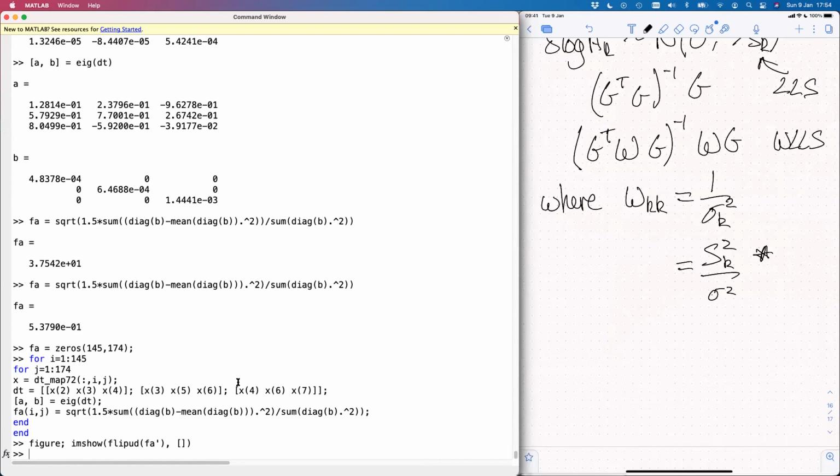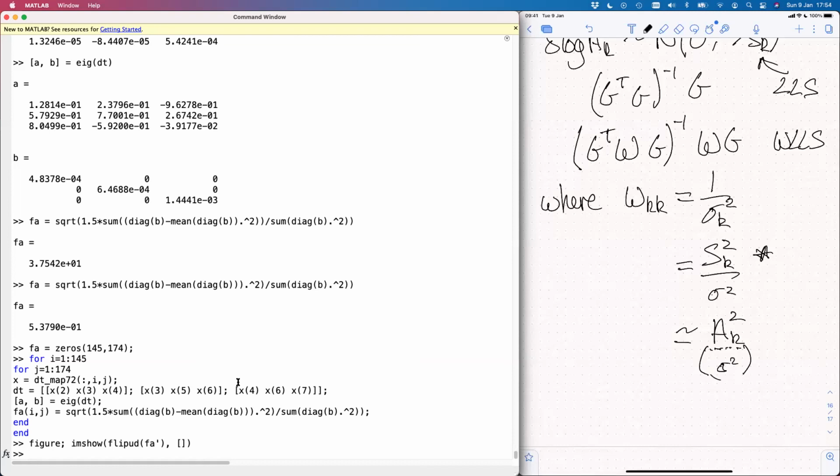So what we're going to do is to use the kth signal squared as the kth diagonal entry in W. And then, we could, of course, divide that by sigma squared. I'm actually going to drop the sigma squared term.